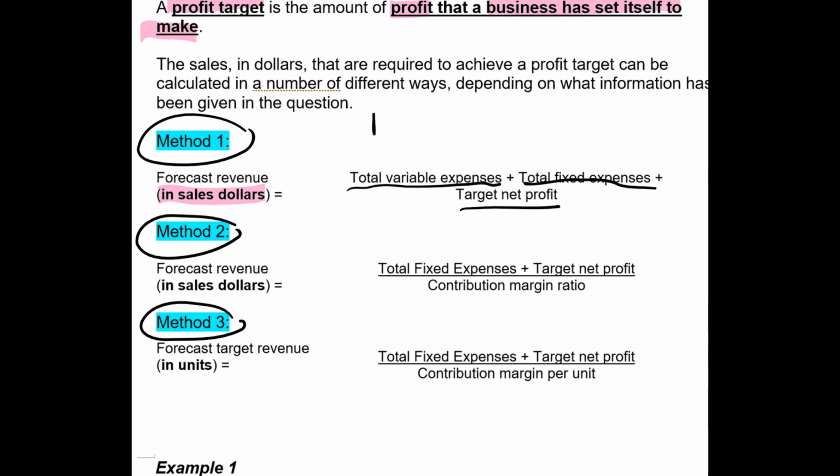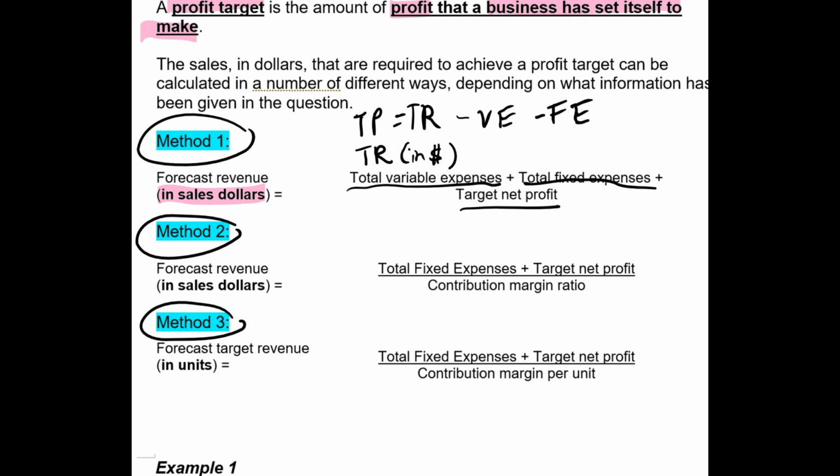Just now I told you that profit equals revenue minus variable expenses minus fixed expenses. So if I have a target profit over here, I need to have a target revenue as well.